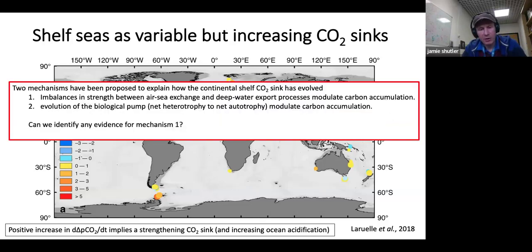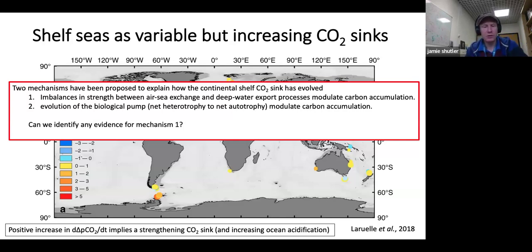And they hypothesized that there were two possible reasons driving this change. One was the potential imbalance between the exchange at the surface and the export at depth, so the removal of that carbon at depth off of the shelf sea. The other was an evolution of the biological pump on the shelf itself, predominantly driven by anthropogenic introduction of nutrients.